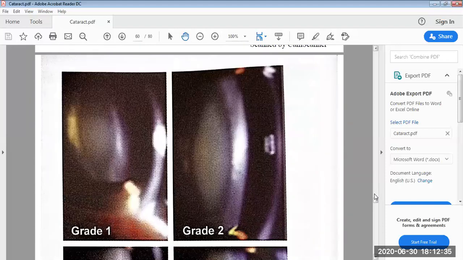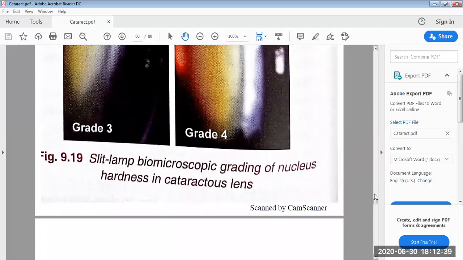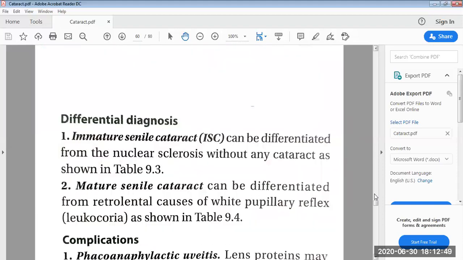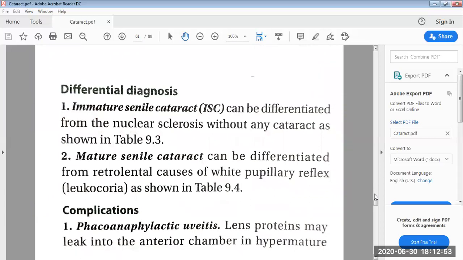Here is the image of the grade 1, grade 2, grade 3, grade 4 on slit lamp biomicroscopic grading of nucleus hardness. Then next is the differential diagnosis of the senile cataract.